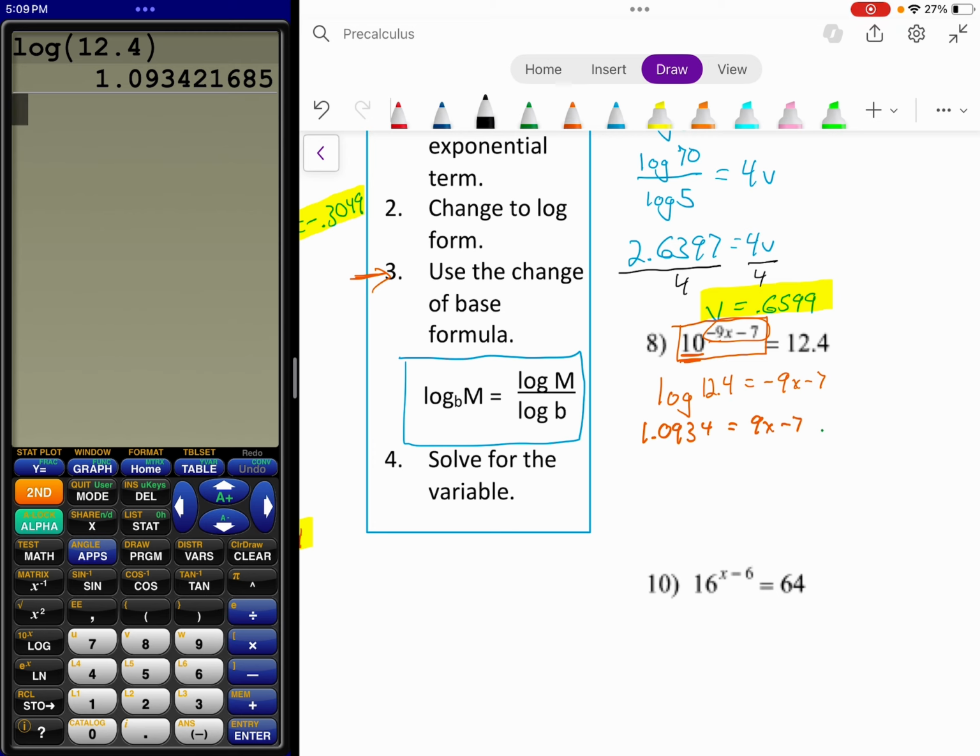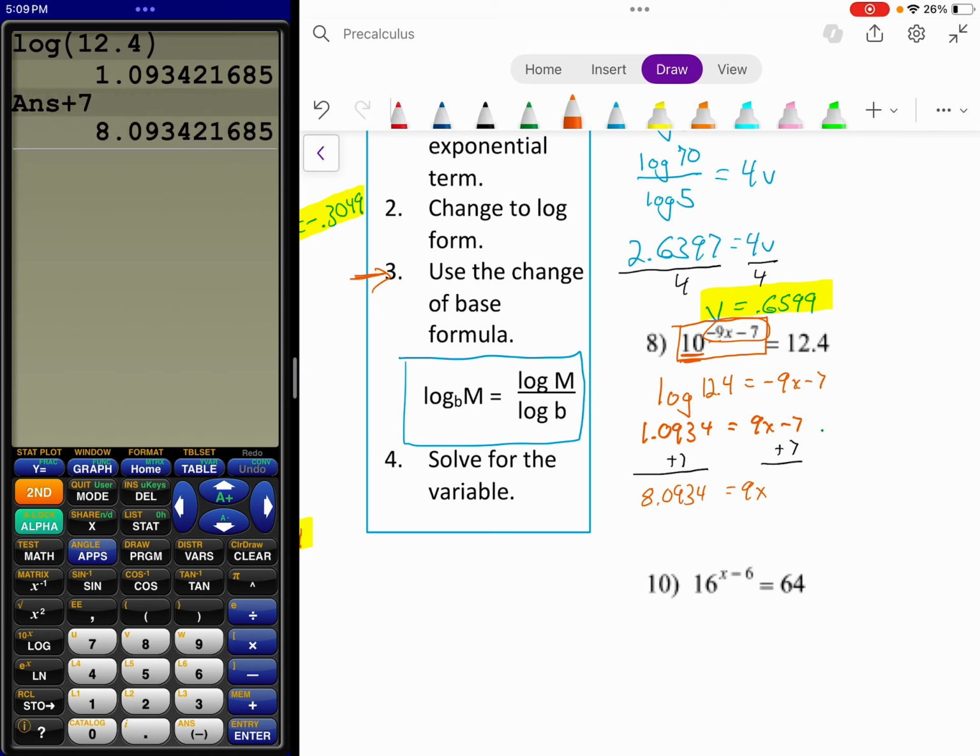We're going to go ahead and add 7 to both sides, which is 8. So we're just adding 7. So it's 8.0934 equals 9x. Now, normally I wouldn't say use your calculator to add 7, but I'm going to do that here just because I want that answer in my calculator anyway, that 8.0934, because now I'm going to divide by 9.